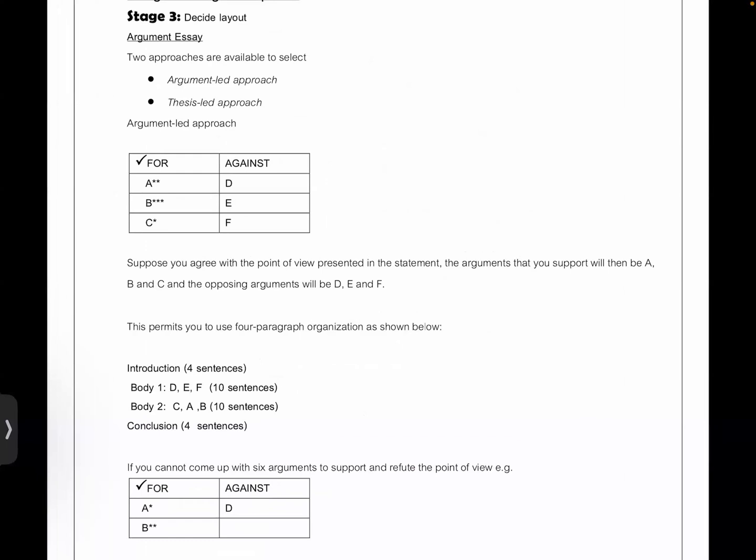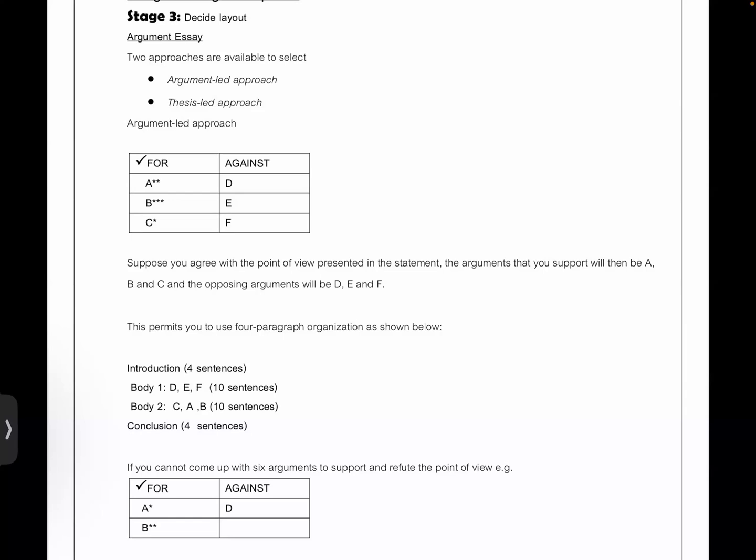So what is the difference? For argument-led approach, you literally will explain both sides of the argument, but you're going to put more emphasis on one side over the other. So suppose you agree with the point of view presented in the statement. The arguments that you support would be A, B, and C, right?